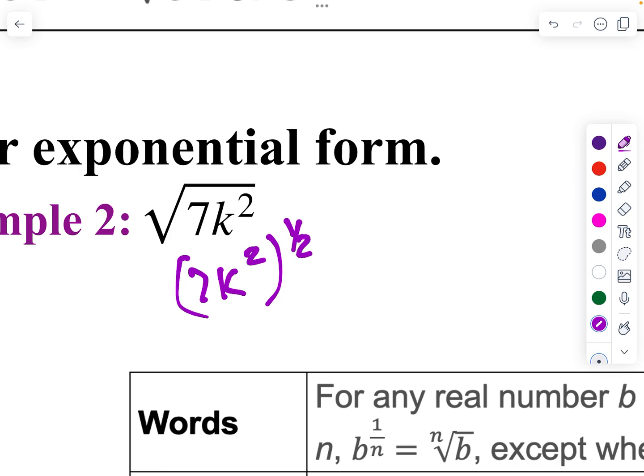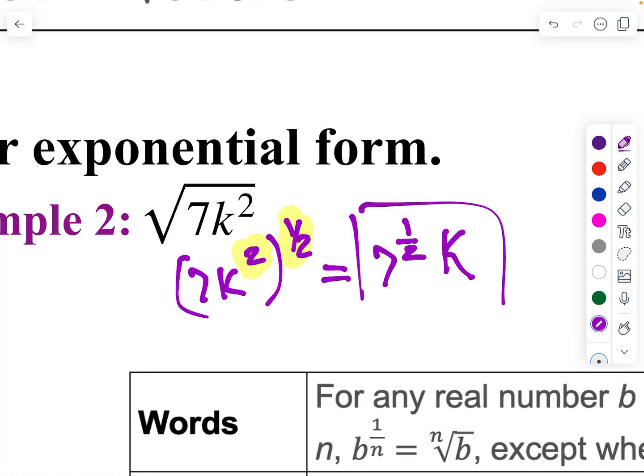Now I've got a power of a power, so that's 7 to the 1/2 power, and if I take a power to a power, we multiply: 2 times 1/2 is 1. So we get 7 to the 1/2 times k. And that's your answer.